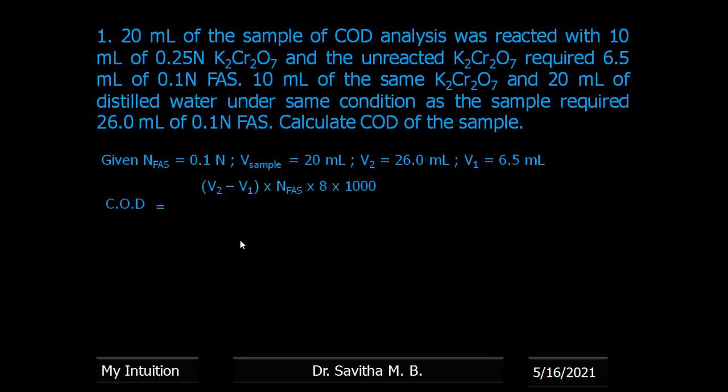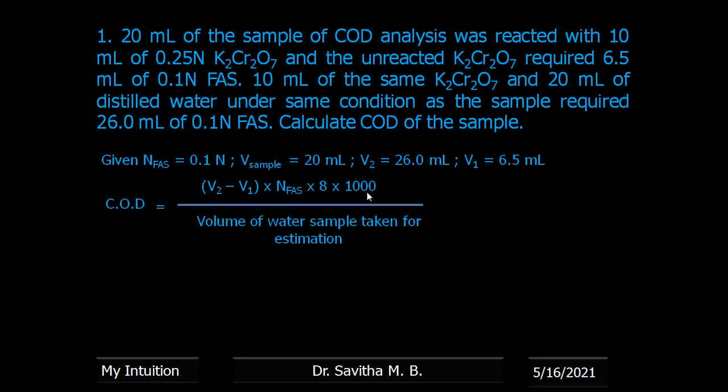So the formula is blank minus back into NFAS into 8 into 1000 divided by volume of the sample taken. So we know the values. V2 is 26 minus 6.5, into 0.1 into 8 into 1000, divided by 20. So when you substitute all this, you will get the answer 780 milligrams per liter.